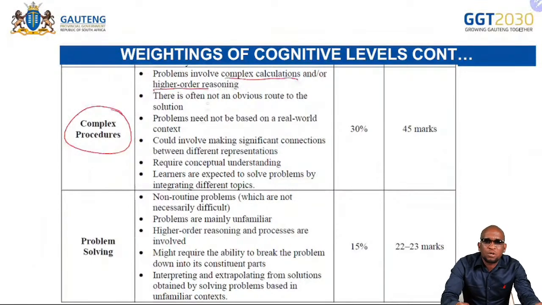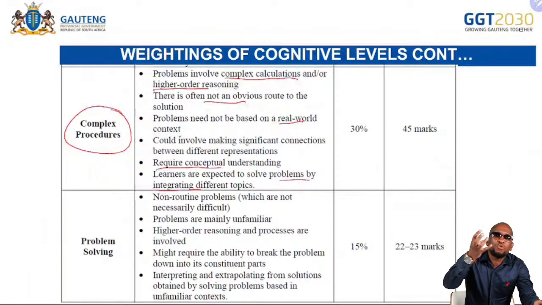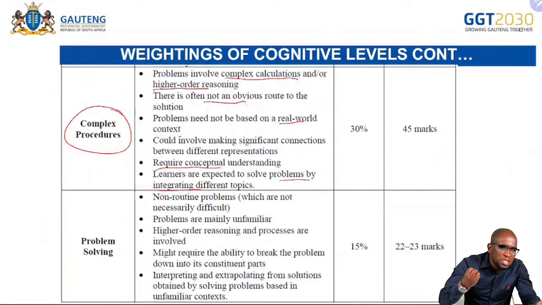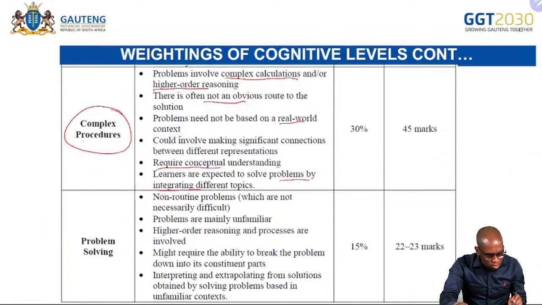For example, in functions, they can ask you to calculate the angle, which means that you now infuse the concept of inclination that you learned in paper 2 with the function so that you can work out that angle. That would be an integrative type of question, representative of complex procedures. They will take about 45 marks, which is 30% of the paper.